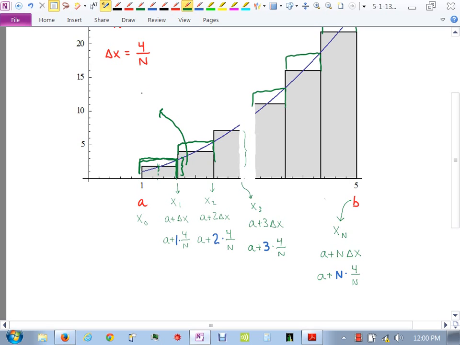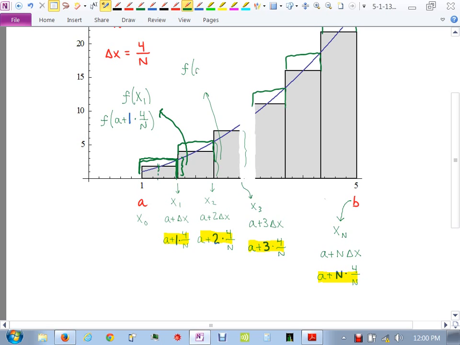So how tall is this rectangle? It's f of x1, right? Which is f of a plus 1 times 4 over n. Do y'all see that? All I'm doing is I'm picking off these guys right here, off the bottom. What would the height of the next rectangle be? And I'm just going to go straight to it.